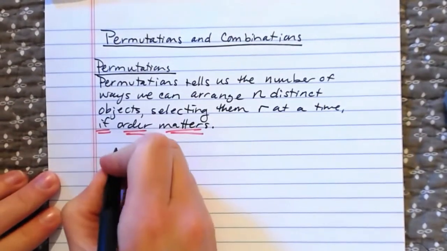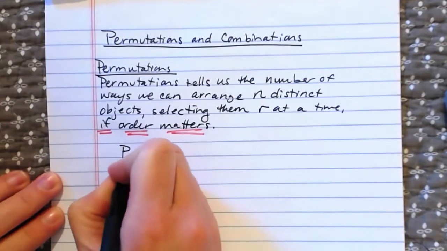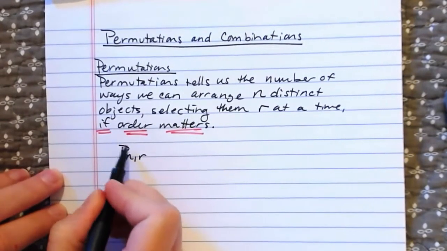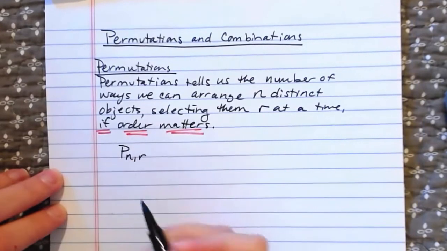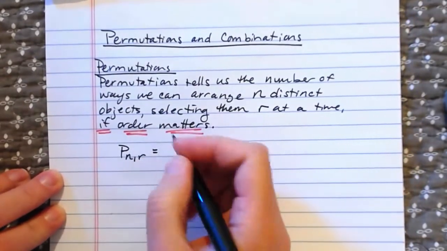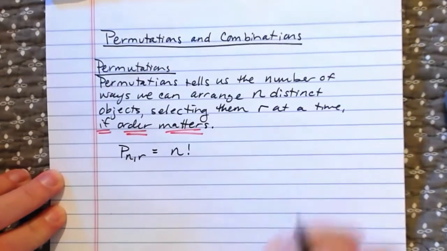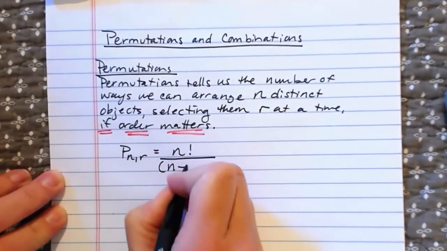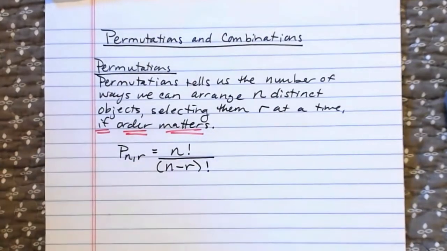Now, the notation for this looks kind of interesting. It's P(n, r). That just stands for permutations of n objects taken r at a time. And it's equal to n factorial divided by (n minus r) factorial.